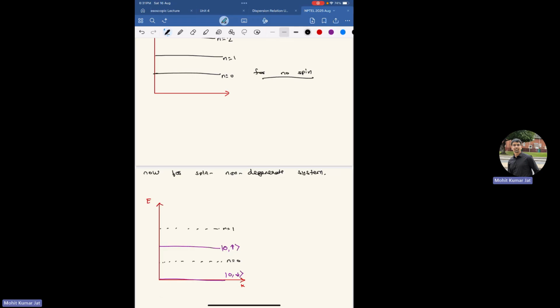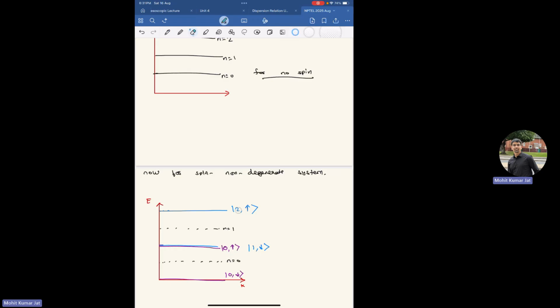But which is there if I compare it? In this one also, there will be a state which will go down. So there will be another state, I'll draw in a different color. It's exactly on top of this one, but will be n equals 1 with spin down, and n equals 2 with spin up.